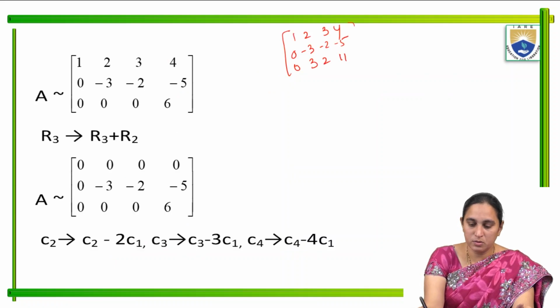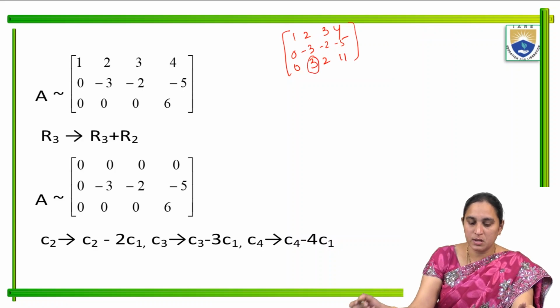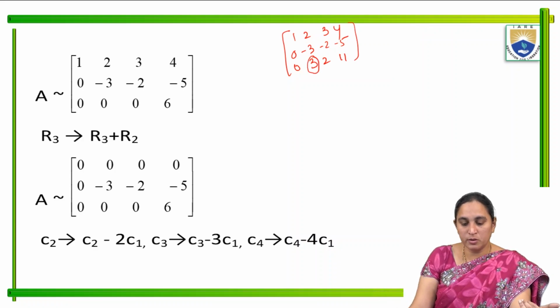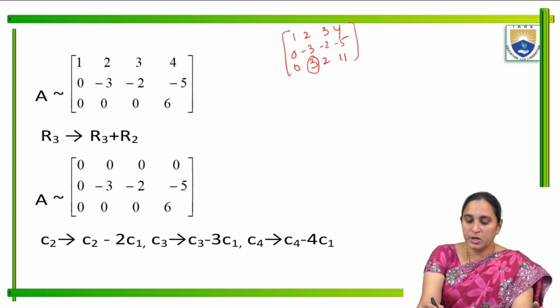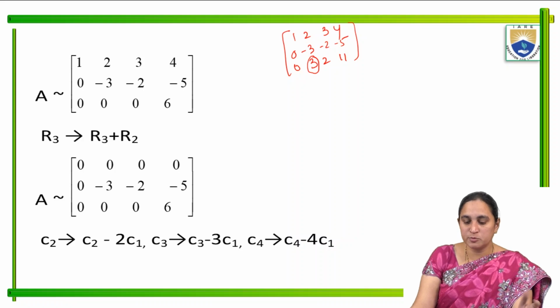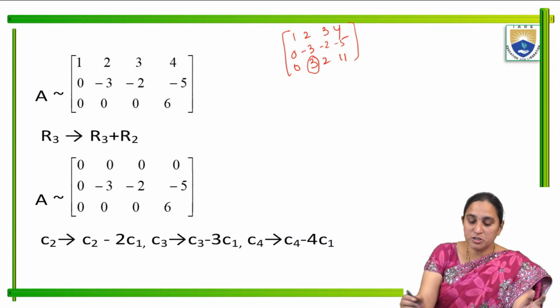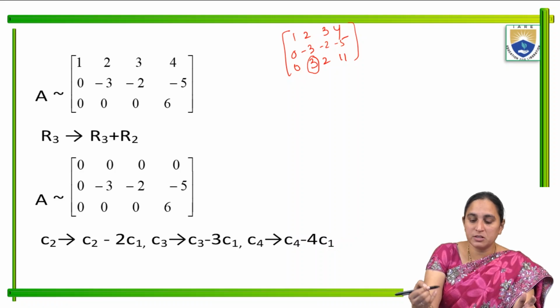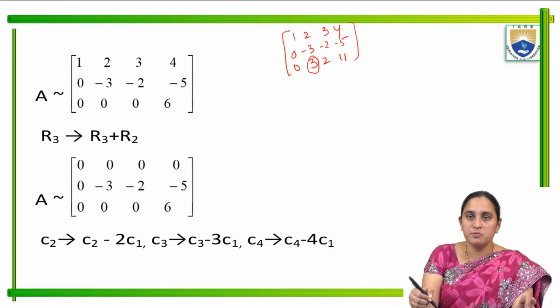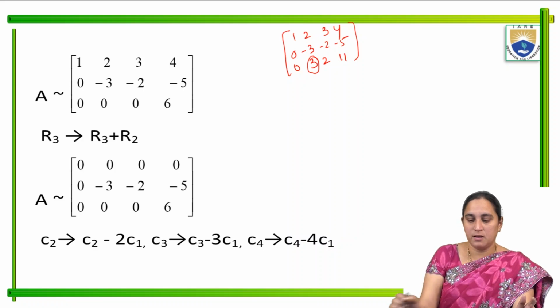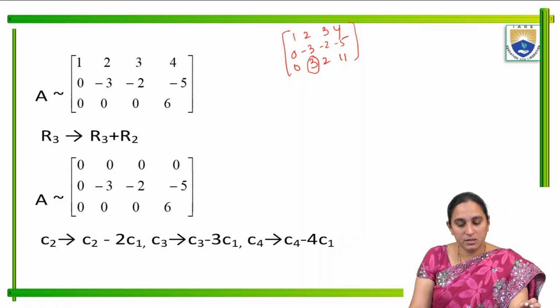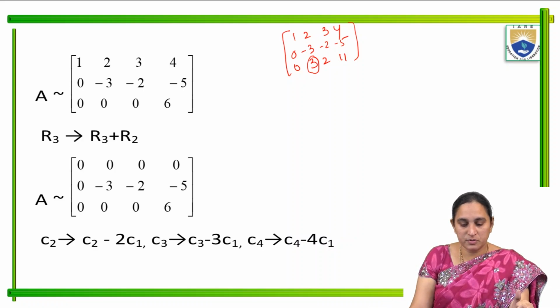For that, I will make this 3 as 0. Depends on the question, we do not have to follow only the same row or column operations. If you want to reduce 2, 3, 4 as 0 with respect to column operations, then you can follow that. Or else here the possibility to make 3 as 0 is with respect to row. That's why I'm using the row operation here.